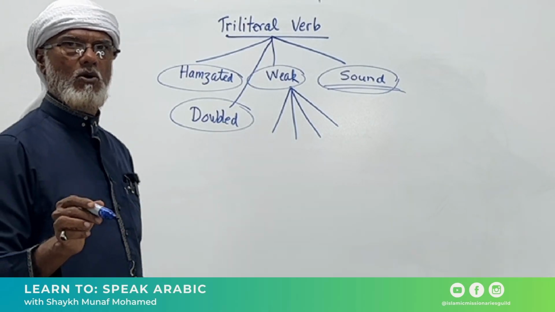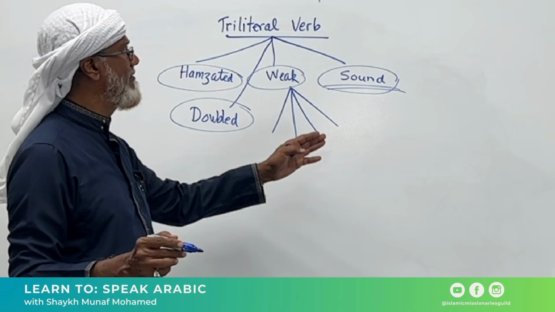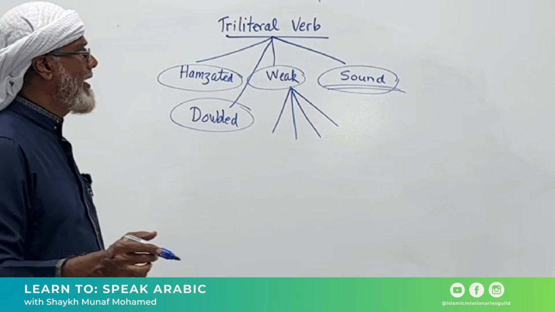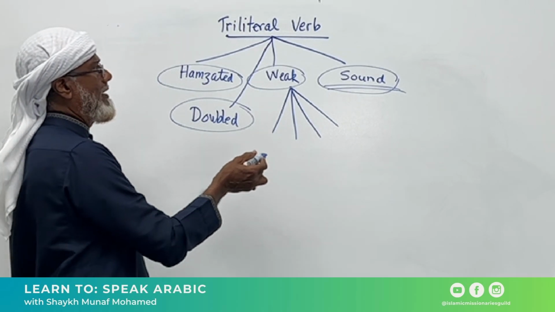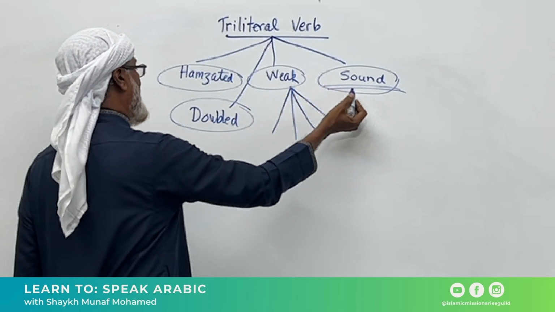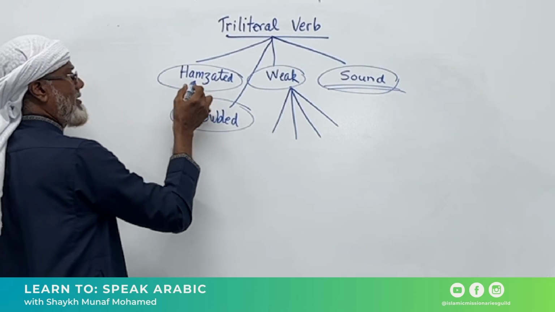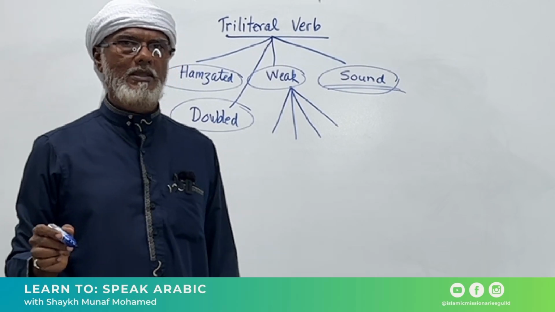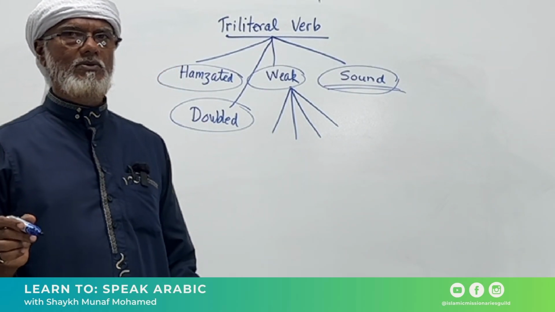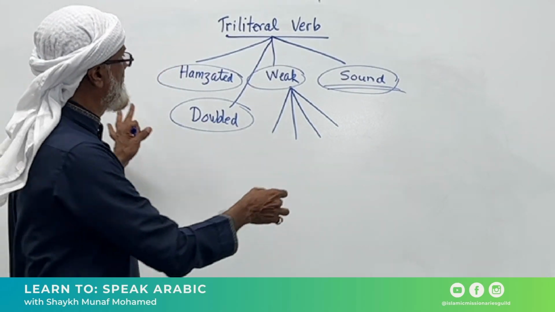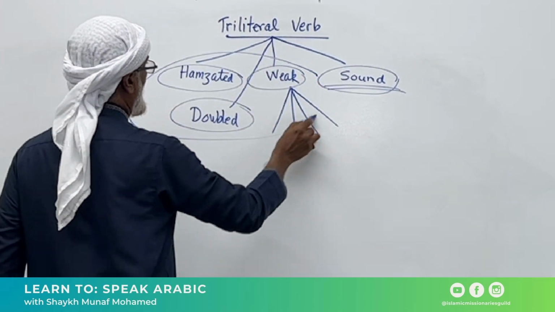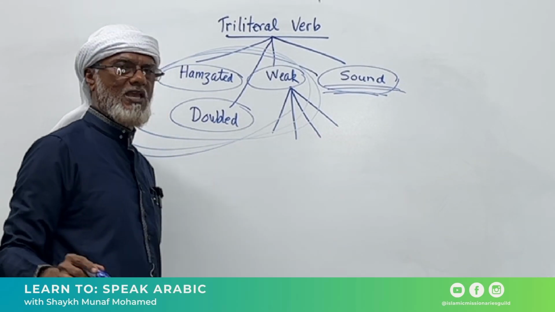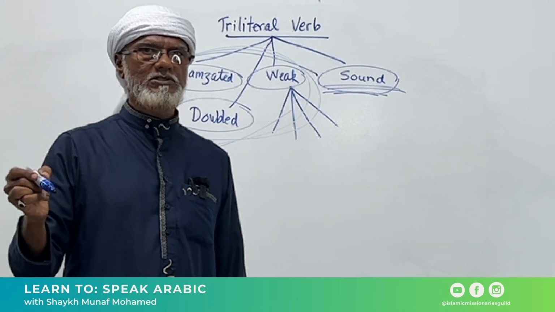But the reason why they are called sound verbs, or let's say al-af'al al-sahiha or salima, it means that they're free from any weak letter being inside, or there is no hamza in it, or the second letter and the third one, they're not the same. All right, so the verbs that are free from all of these, the one that is free from all of these here is called the sound verb. So we have been looking at sound verbs so far.